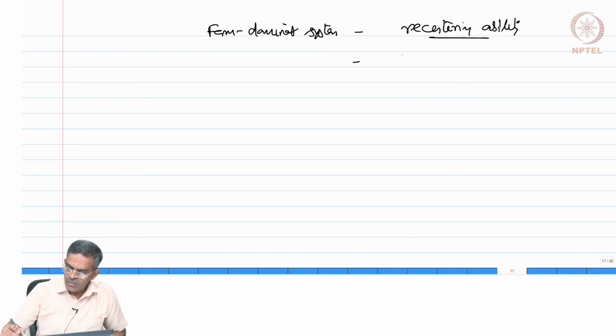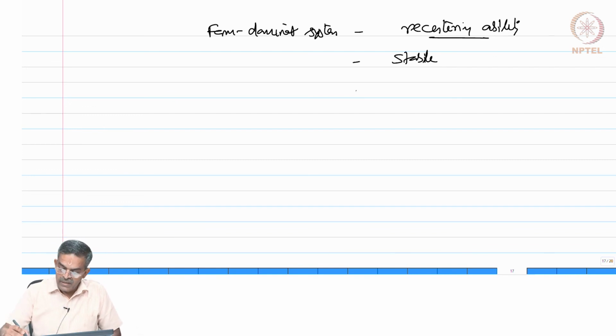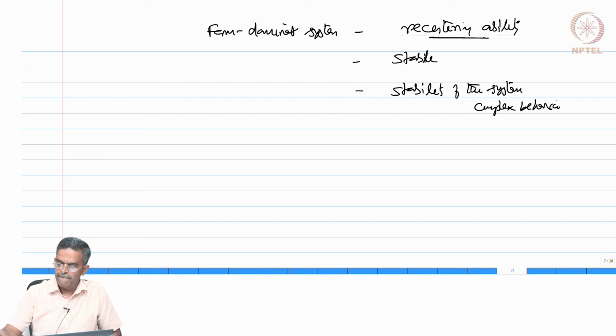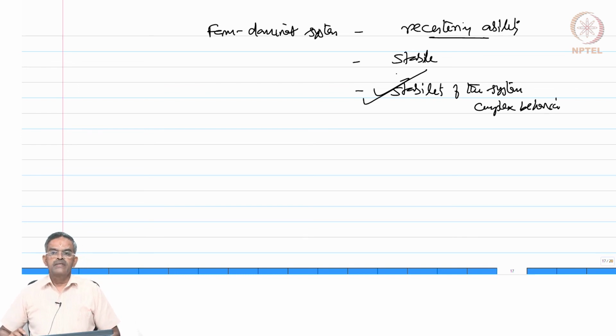While doing so, the system should remain stable. Therefore, we must understand the stability of the system under such complex behavior. So, stability plays an important role in understanding advanced design of steel structures under form dominant design.